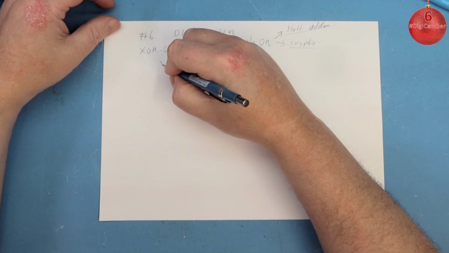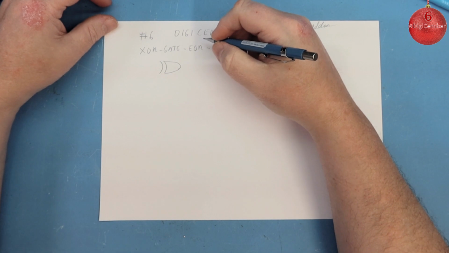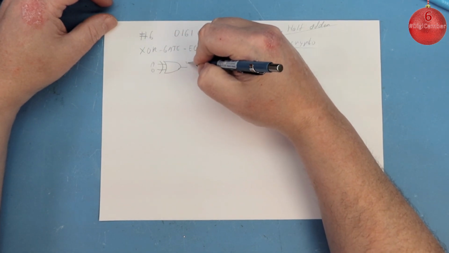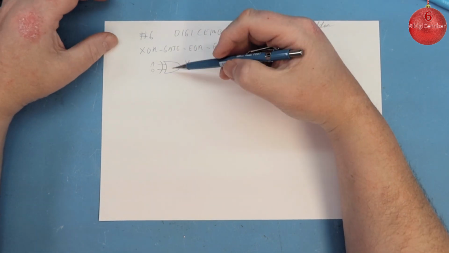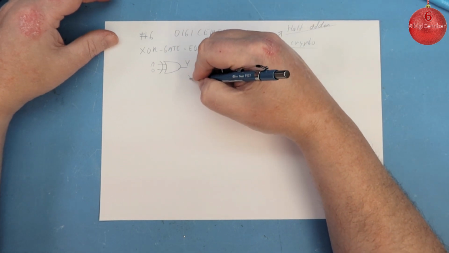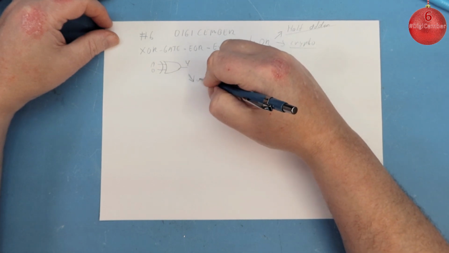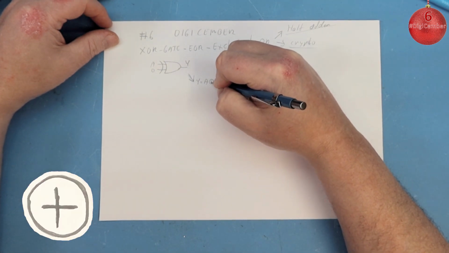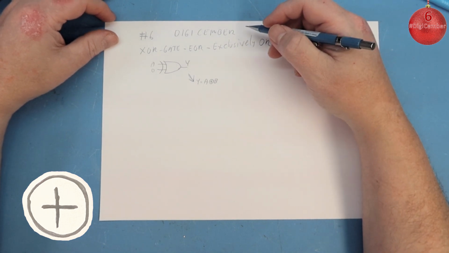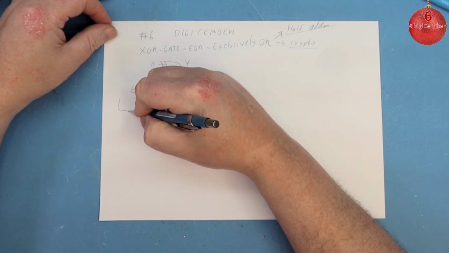But the basics of this is that we do have a symbol that looks something similar to this, where we do have an A and a B and a Y. And in its basic form it is not an inverted gate. It has a special sign in the Boolean language, so it's normally stated like this for the exclusive OR. But it can also take other forms, and this is something of a strange beast.